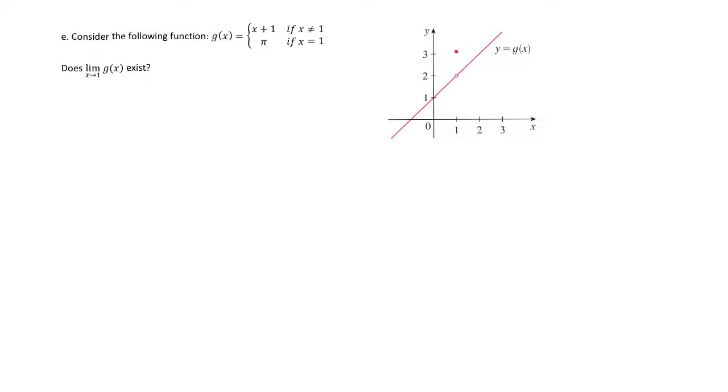The limit, however, is interested in what happens around 1. And around 1, let's say in a small neighborhood, as x approaches 1 from the left and as x approaches 1 from the right, see what is happening to the graph. I am on the line.